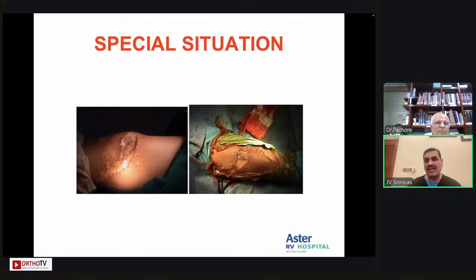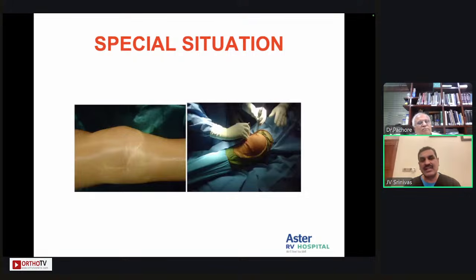And here we need a special surgical approach, and if required, we need to take the help of the plastic surgeon to get your scar supple, or else you will not get your complete range of movement. And this is another scar which is causing stiffness. Again, you need to tailor the incision. It is not a midline incision for all these special situations. You need to tailor the skin incision with the help of a plastic surgeon.